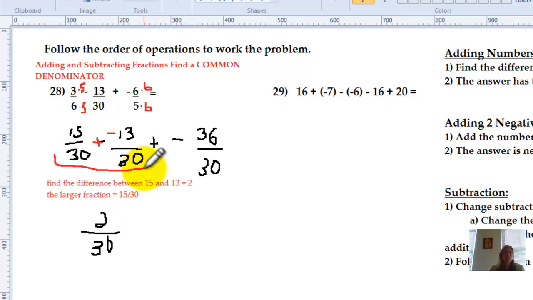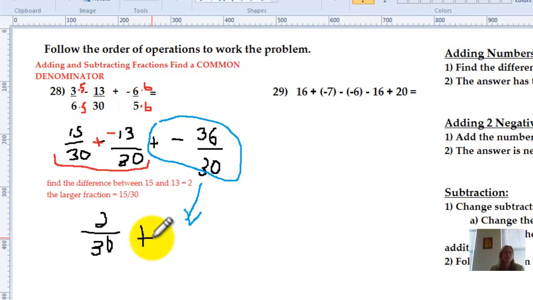So we have solved this first portion, but we still have this portion of the problem left, all of this. So we pull that down, and we get plus negative 36/30.